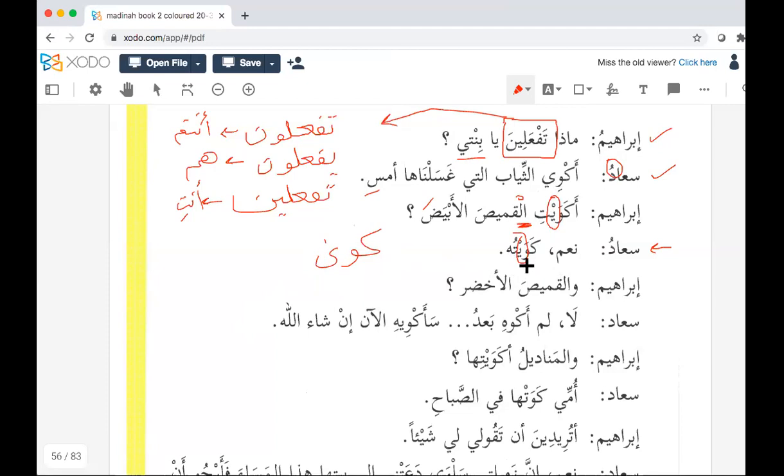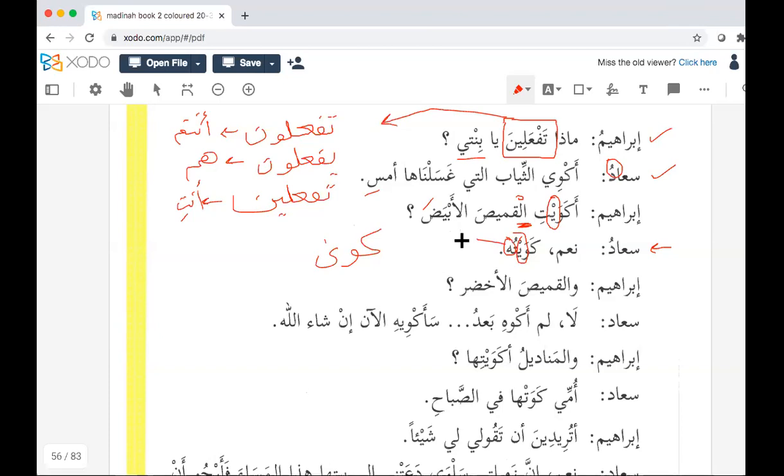Kawaytu, kawaytuhu. And what's the i'rab of this damir? It's not a fatha, it's kawaytuhu. It's got a dhamma, it's mabni ala dhamma. What's the actual i'rab of it? Maf'ulun bihi fi mahalli nasbin.